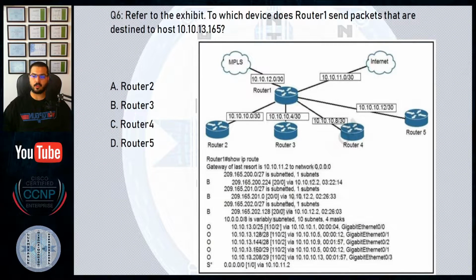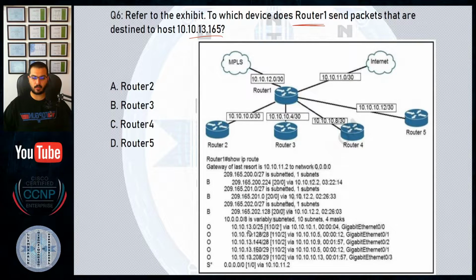Okay, question 6 says, to which device does R1 send packets that are destined to this destination? Let's see, how does the routing table reach this destination of 10.10.3.165?